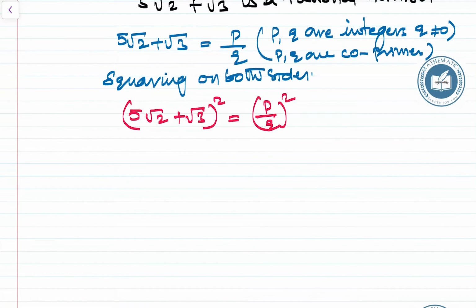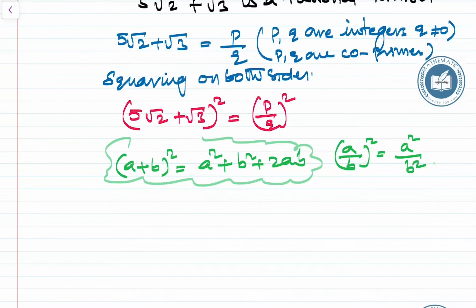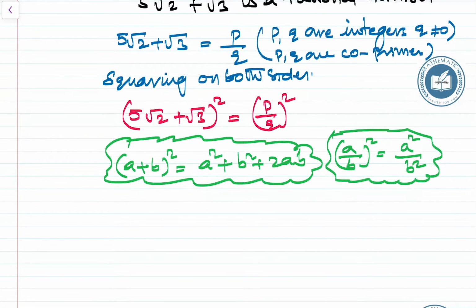Now this is in the a plus b whole square form. Here a plus b whole square equals a square plus b square plus 2ab, and a by b whole square can be written as a square by b square. Using these two, we can simplify the given expression.